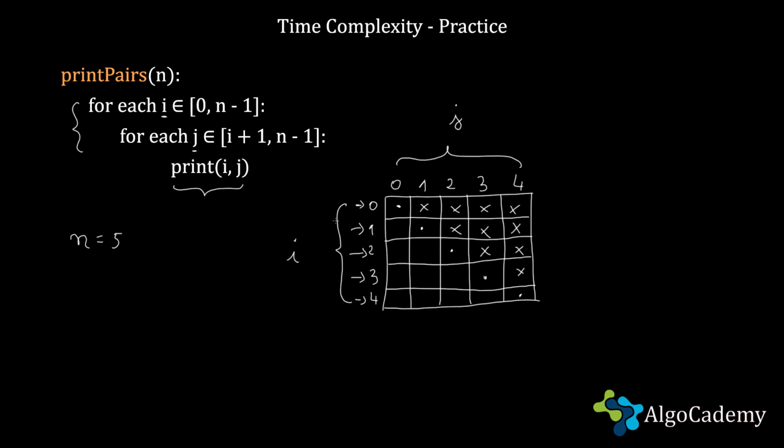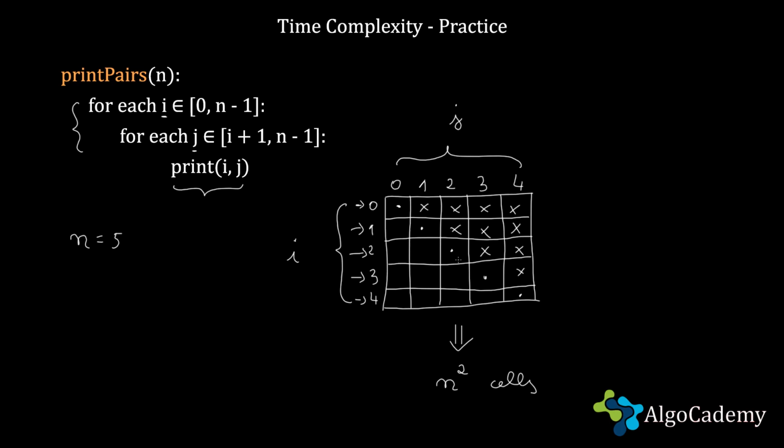So how many cells does this grid have? It has n rows, from 0 to n minus 1, and n columns, from 0 to n minus 1 also. So this grid has a total of n squared cells.